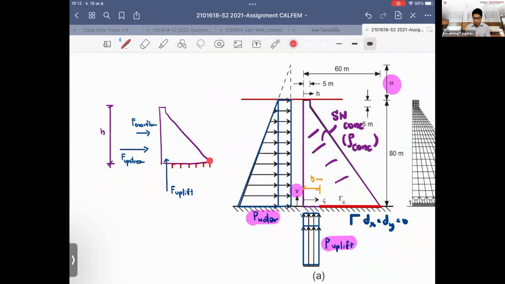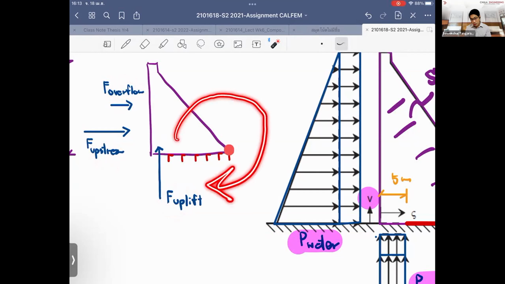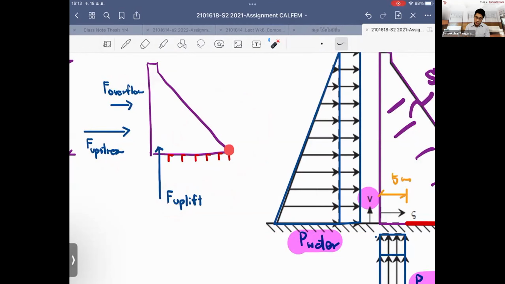And to prevent the overturning, right, we have to calculate that each of the forces makes an overturning bending moment, right? Three of them make the bending that tries to overturn the dam. And we have to find the force that can counter it. The way we find the force that can counter it, we have to find it at the centroid of the dam.